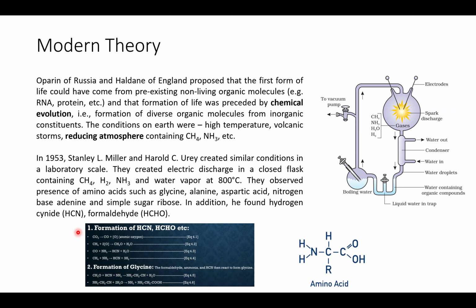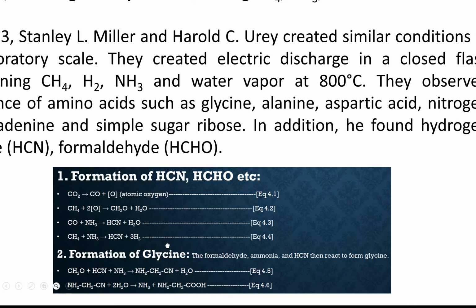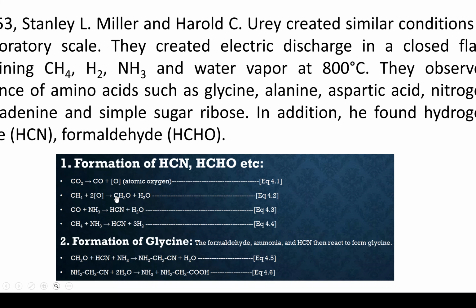This is the possible overview of a reaction that would have occurred inside and led to the formation of the amino acid. This shows the formation of glycine. It is already in your PPT shared by NPTEL. It is just to give a brief overview that carbon dioxide splits into carbon monoxide and oxygen, and then methane can combine with oxygen to form CH2O.